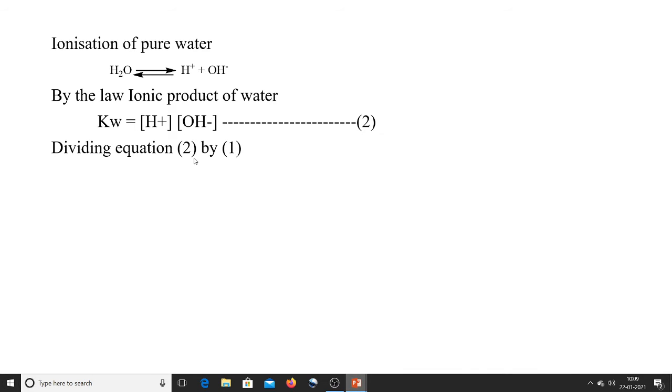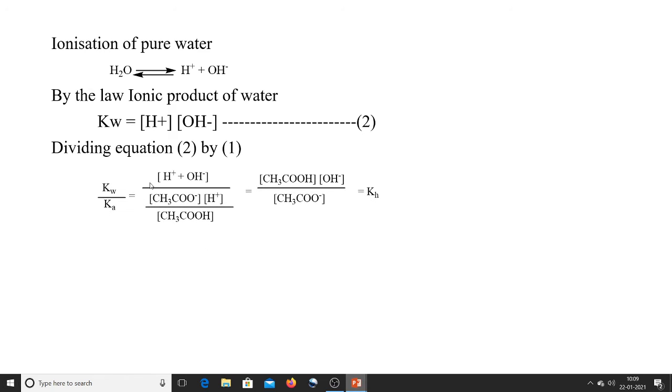Now dividing equation 2 by 1, so we will get this type of equation. Kw divided by Ka is equal to H plus into OH minus upon CH3COO minus into H plus upon acetic acid. So here H plus get cancelled, then we'll get the CH3COOH into OH minus upon acetate ion.